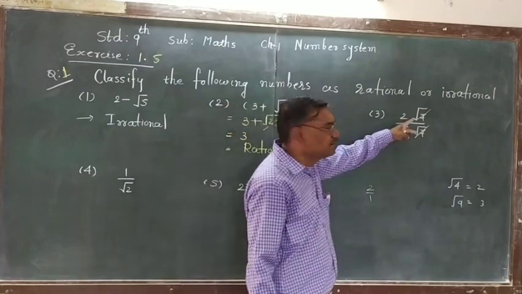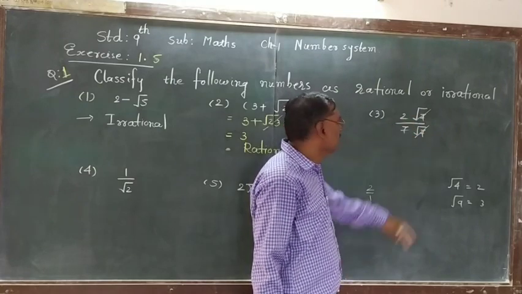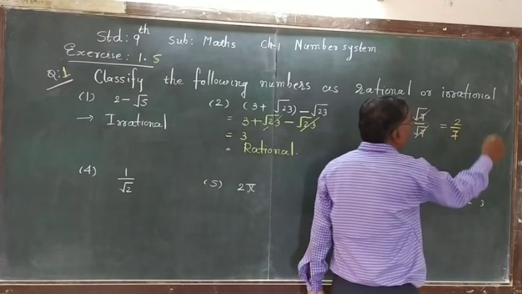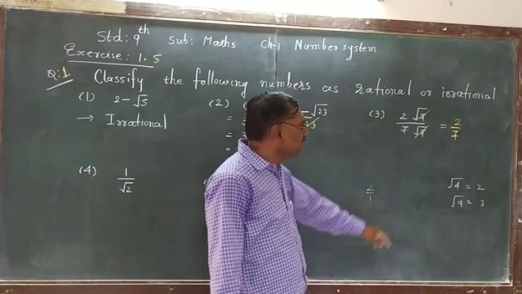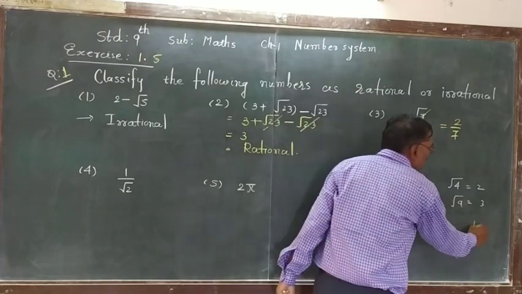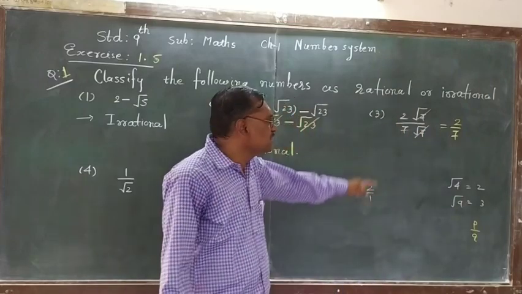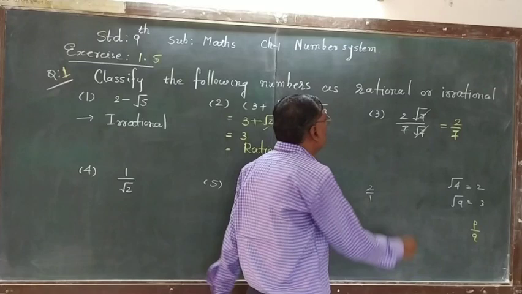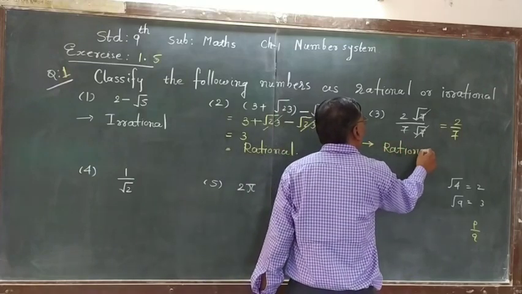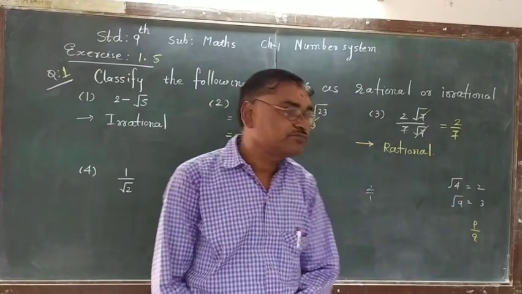So both are cut, and no root remains. The only remaining number is 2 upon 7. Now we know that 2 upon 7 is of the form P upon Q, so this number is a rational number.